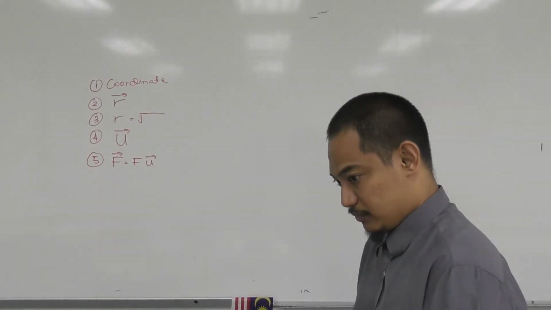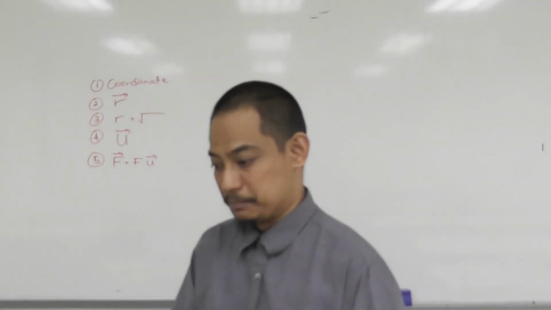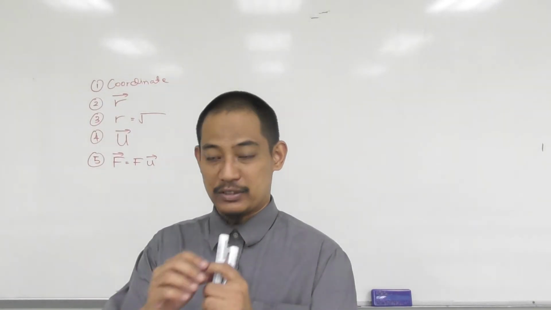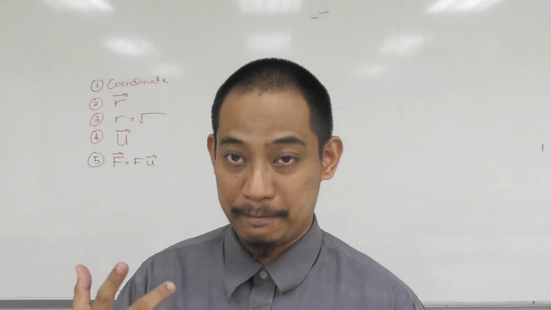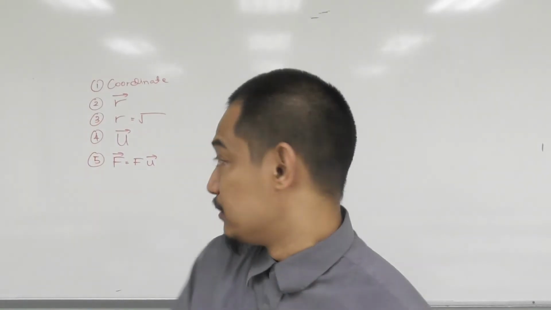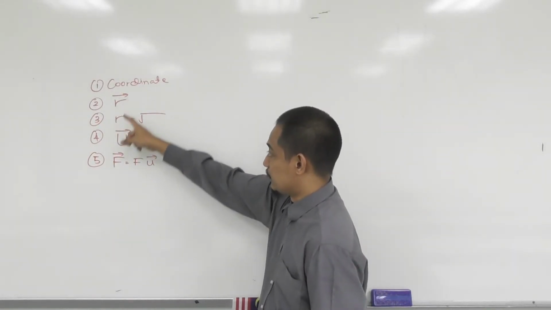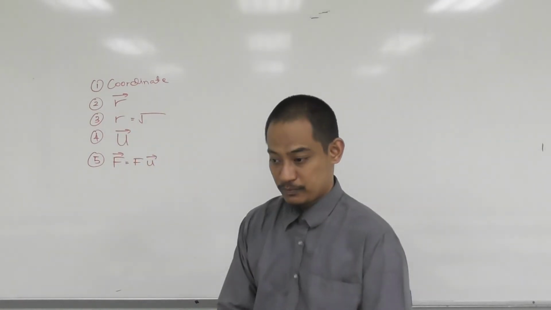So, what do we need to do? Because in the end, you want to have the resultant. So basically, the first step is to establish the Cartesian vector form for each of the forces, right? And in this case, it goes through this whole stack for each force, right? So coordinate, position vector, magnitude, unit vector, and force.